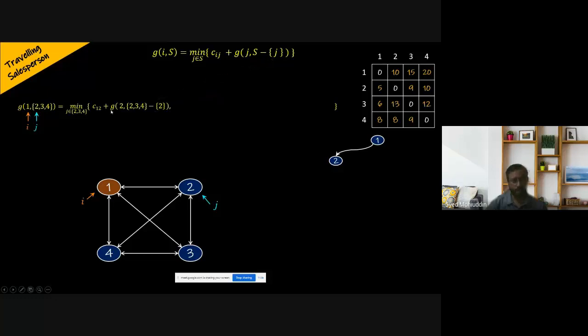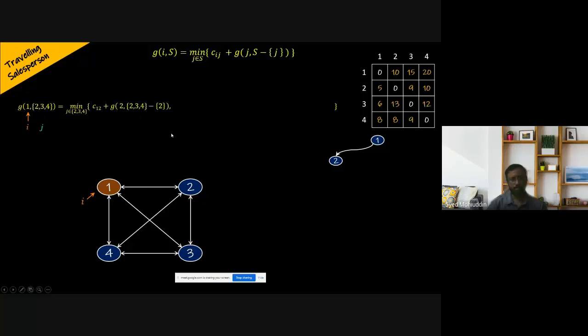So what G of 2 comma S minus 2 means is that we are trying to find the cost from vertex 1 to vertex 2, which we know, plus the cost from vertex 2 to the other vertices. The other vertices will be 2, 3, and 4 minus 2, which gives us 3 and 4. So the cost of the other vertices, that is 3 and 4.